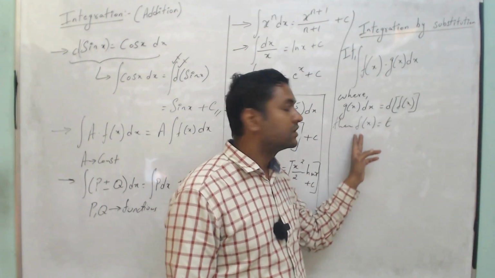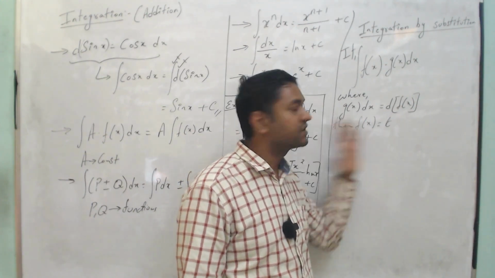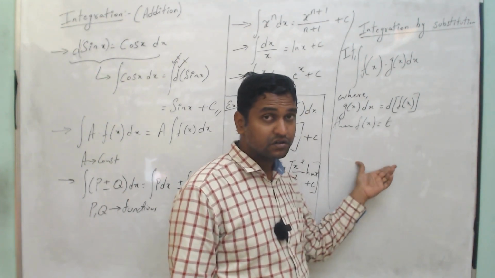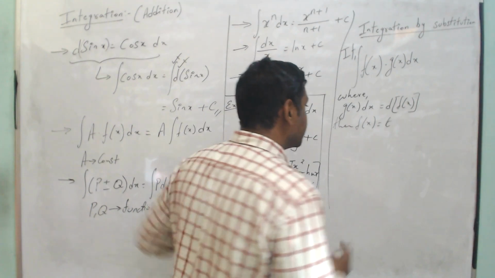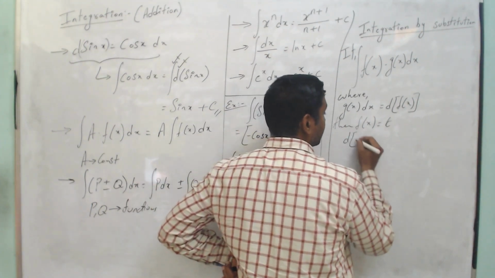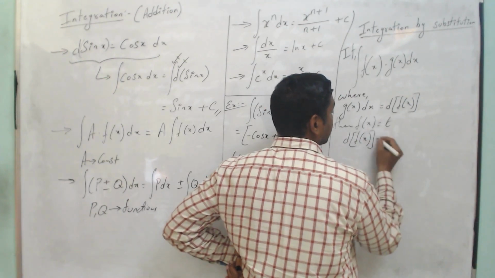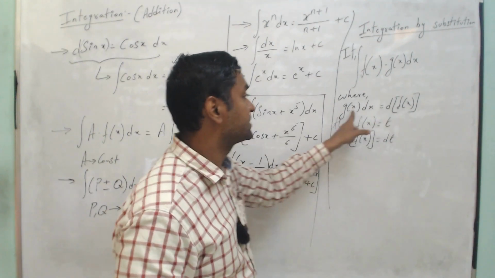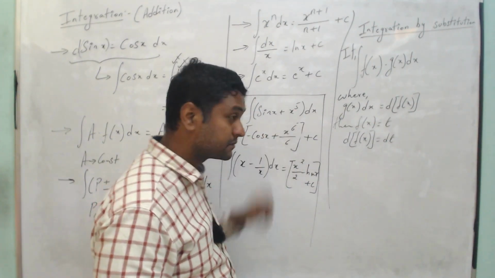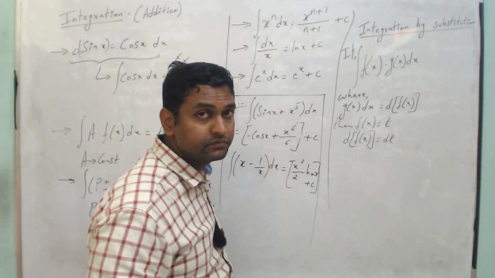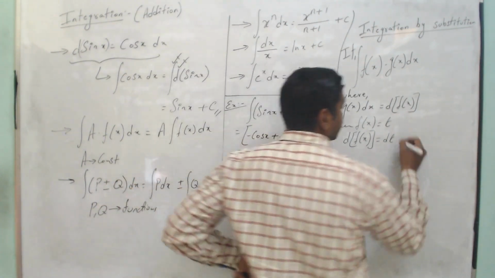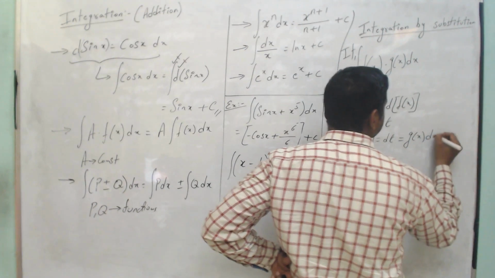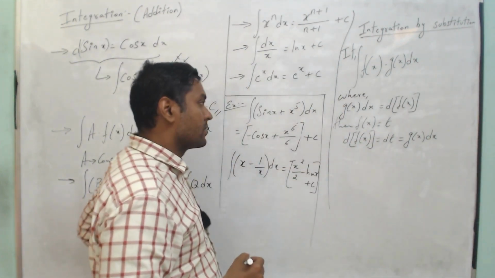Here I have taken f of x as t. Whenever we substitute, we should differentiate. So I will get the differential of f of x as dt. But the differential of f of x itself is g of x dx. Is this clear?